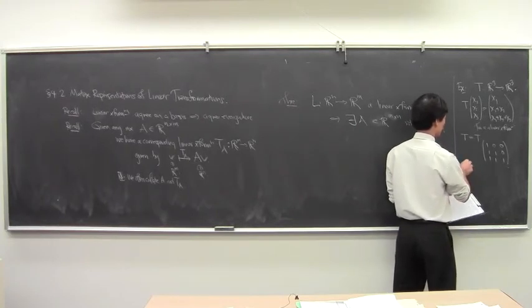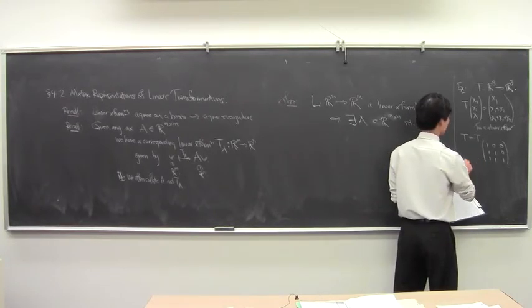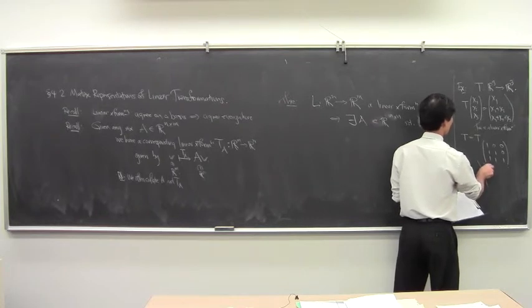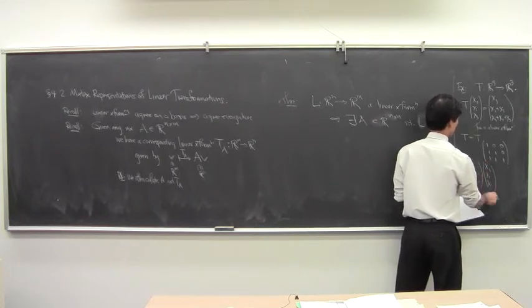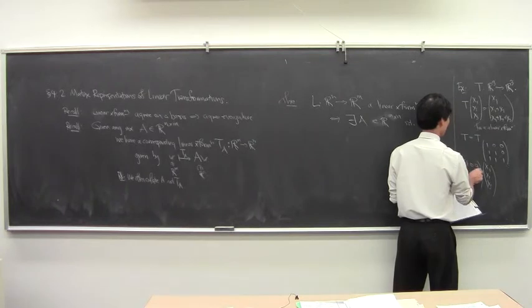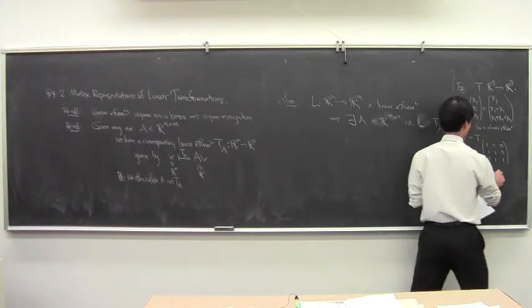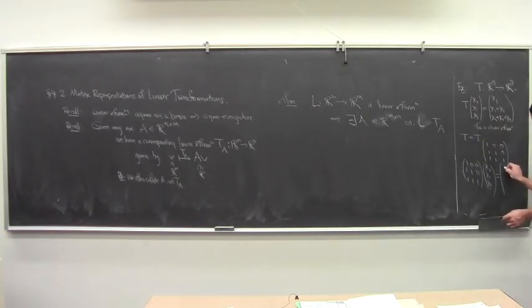Because if I take x1, x2, x3 and left multiply it by this matrix, then I get x1, x1 plus x2, x1 plus x2 plus x3.